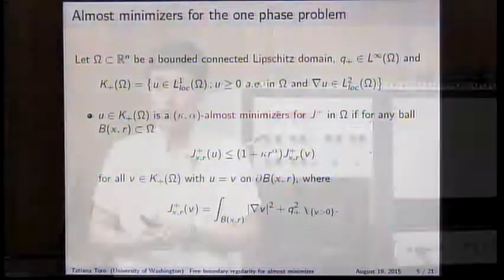When he was looking at the regularity for minimizing surfaces, one of the things he noticed is that in one of the approaches he took, if rather than look at minimizing surfaces, he looked at these sets, which he called kappa alpha almost minimizers, he had up to order 1 the same type of regularity.